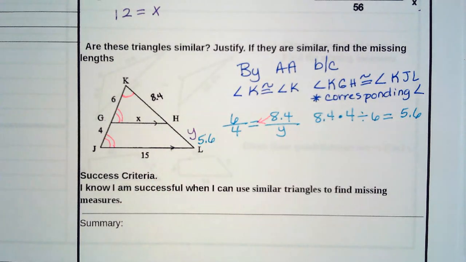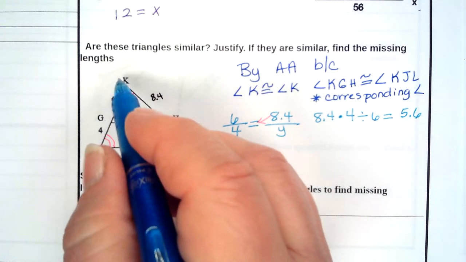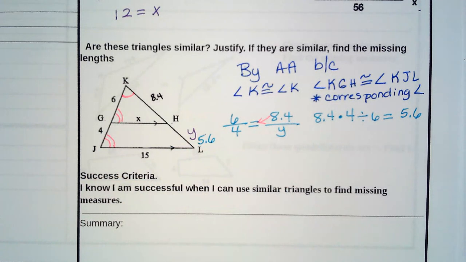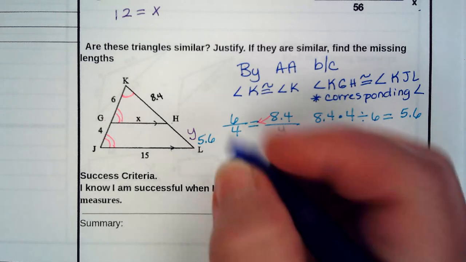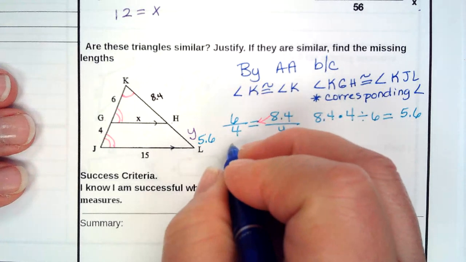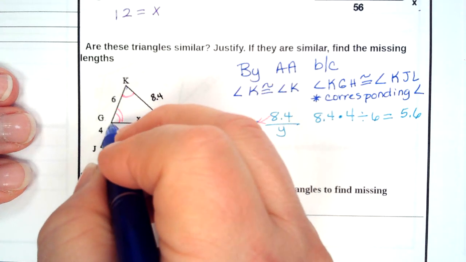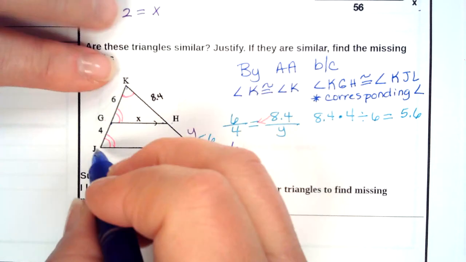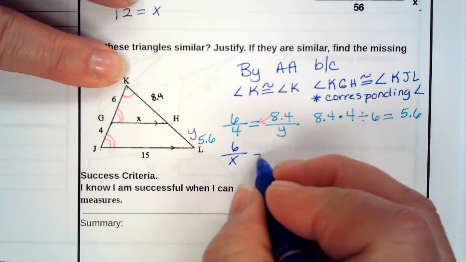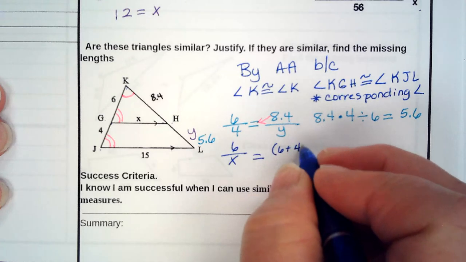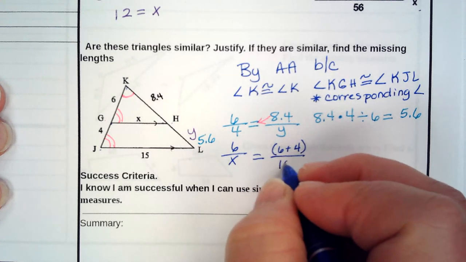Okay, now, to find x. X is the base of the whole triangle. So, 6 over x. Side over side. What is my side here? Is equal to 6 plus 4, that's my whole side, over 15.